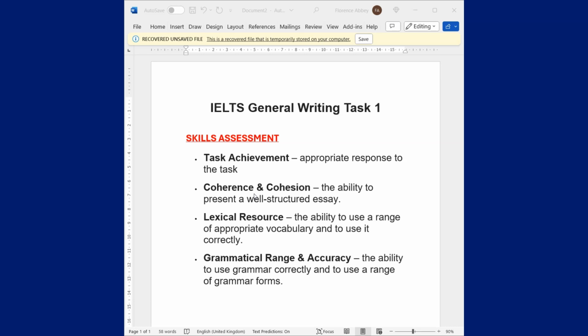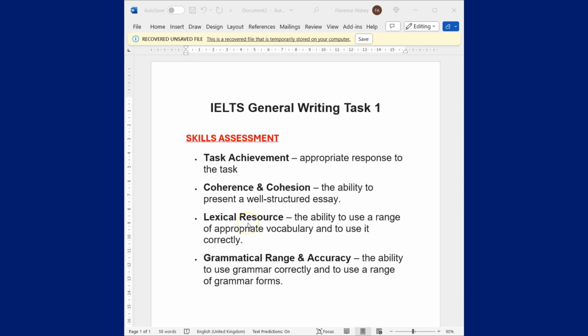It's basically about your paragraphing, how you link your ideas, and how all the ideas are in good order and flowing very well. And that is what we call coherence and cohesion. And the examiners are very, very strict on each of the skills assessed.